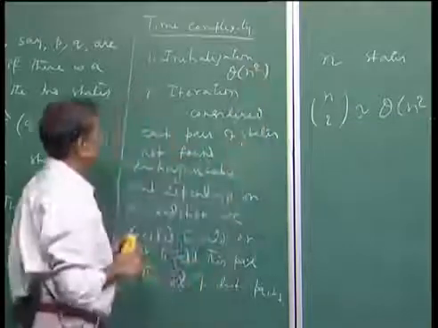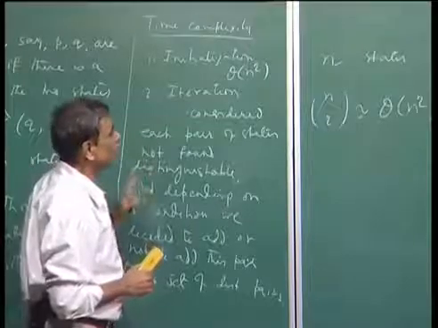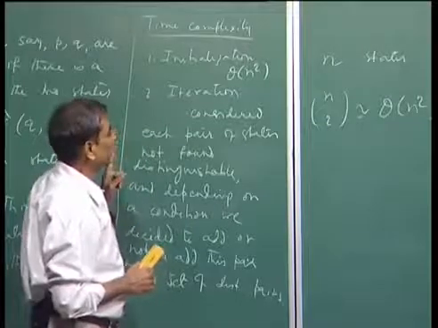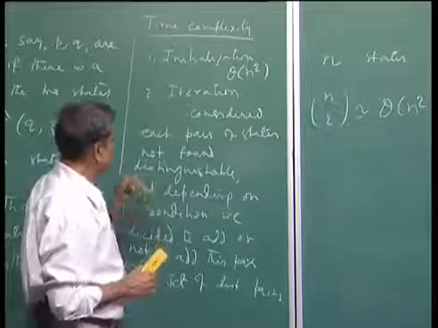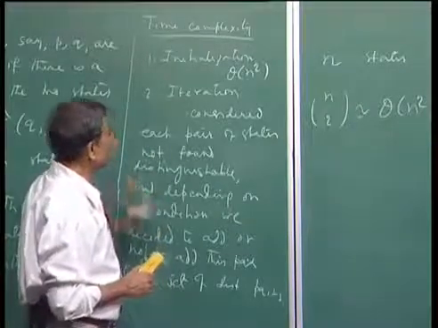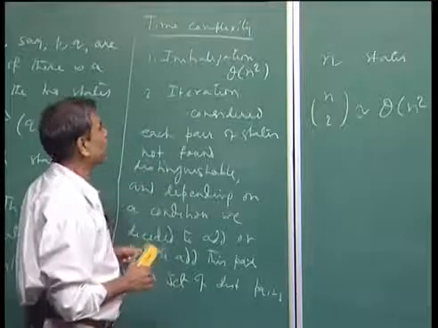And in each iteration, we are considering every one of the pairs not yet found distinguishable, and then checking a condition.